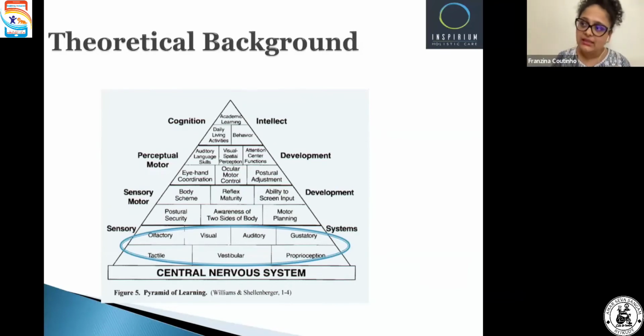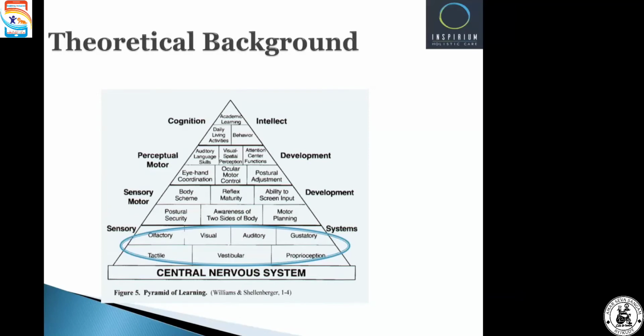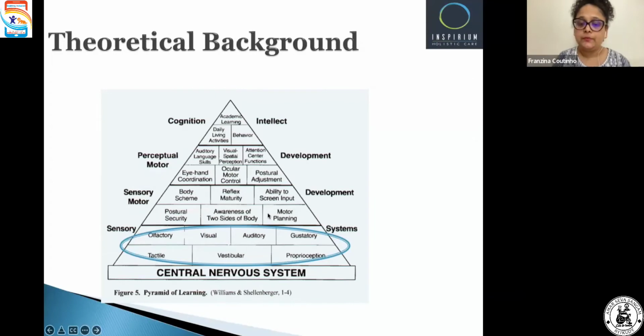So if somebody has non-integrated ATNR and STNR, this is going to be a very difficult task for them, all right? If they are sitting to write down from the board and they are looking, okay, so they have non-integrated ATNR and they are writing on the table, the teacher goes from left to right, they lose their position at midline because the reflex is not integrated. We know this to be true, right? So reflex maturity will happen only at a later point of time then.